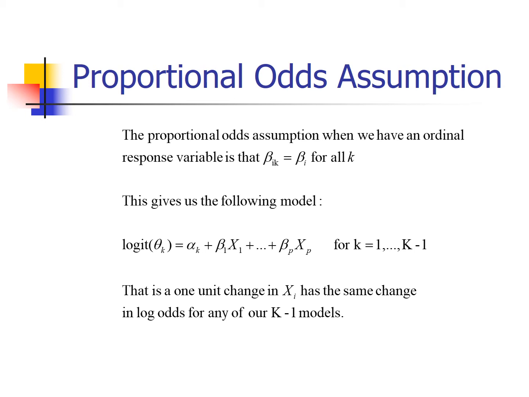It's saying that our models simplify to the following form: logit of theta k is alpha k plus the slopes. So we're allowing the y-intercepts to vary from equation to equation. In fact, the y-intercepts are the only differences between our equations. But the equations are all the same in terms of the slopes for the x variables. That's the proportional odds assumption. That is, a 1-unit change in x i has the same change in log odds for any of our k-1 models.